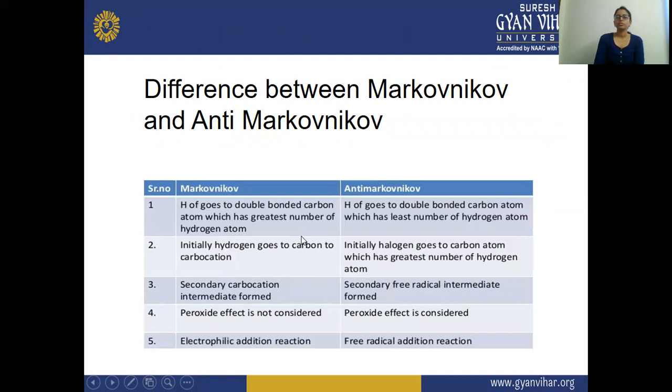Now the difference between the Markovnikov and anti-Markovnikov rules. The Markovnikov rule says that the hydrogen of HBr goes to the double bonded carbon atom which has the greatest number of hydrogen atoms.